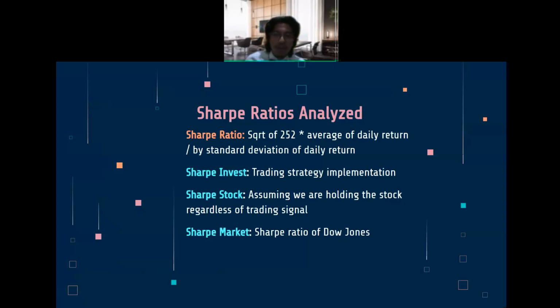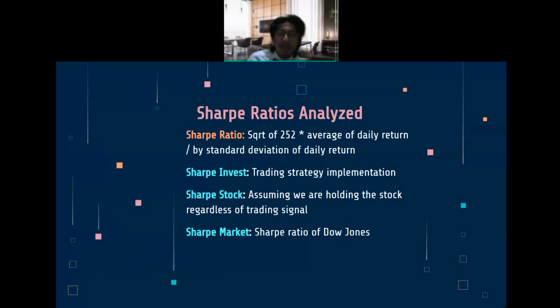The formula for the Sharpe ratio is the square root of 252, with 252 being the available number of trading days in a year, multiplied by the average of daily return, and then divided by the standard deviation of daily return.